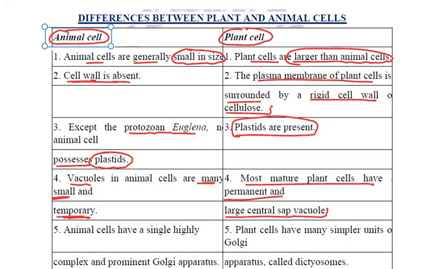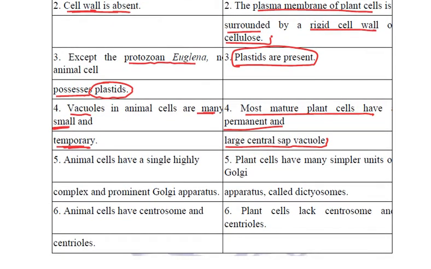Now, animal cells have a single, complex and prominent Golgi apparatus, whereas in plant cells we have seen that there are many simpler subunits of the Golgi apparatus, which are called dictyosomes. Animal cells do not have plastids. Animal cells do not have a cell wall, which plant cells have.